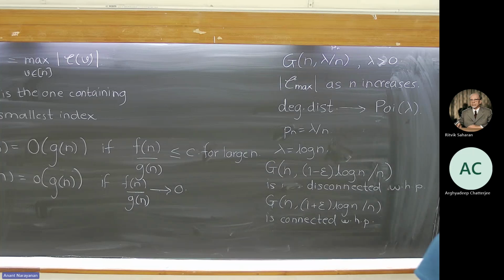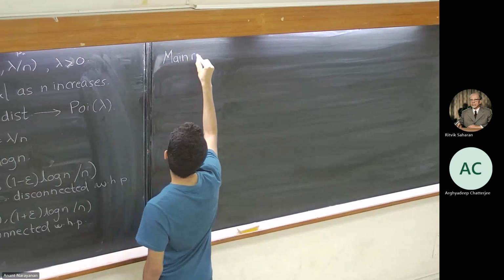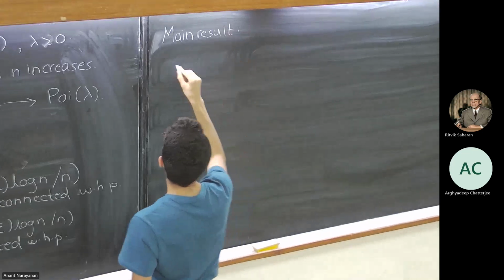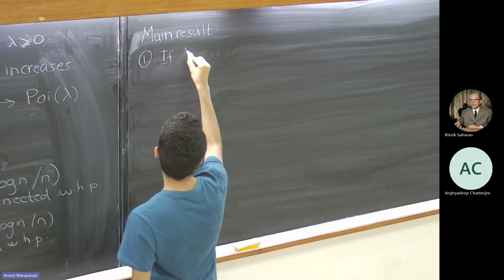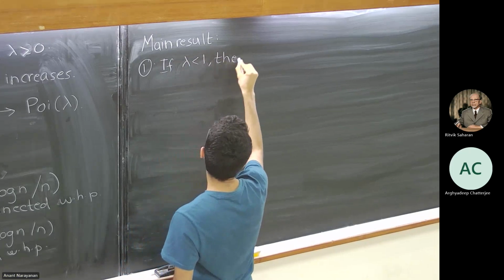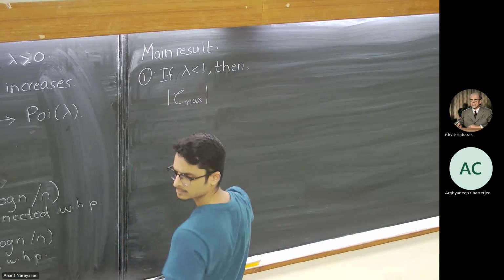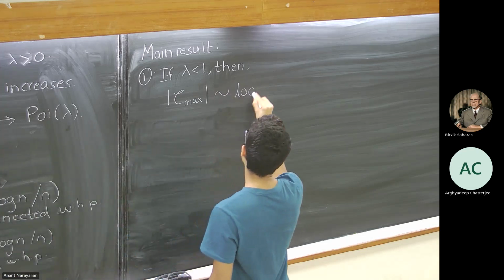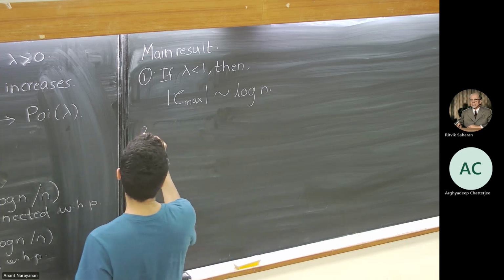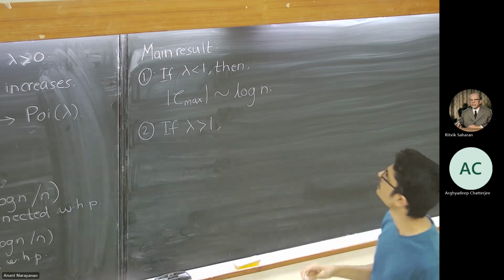What we'll be discussing is, first, lambda less than 1, then lambda of the order log n, and lambda greater than 1.